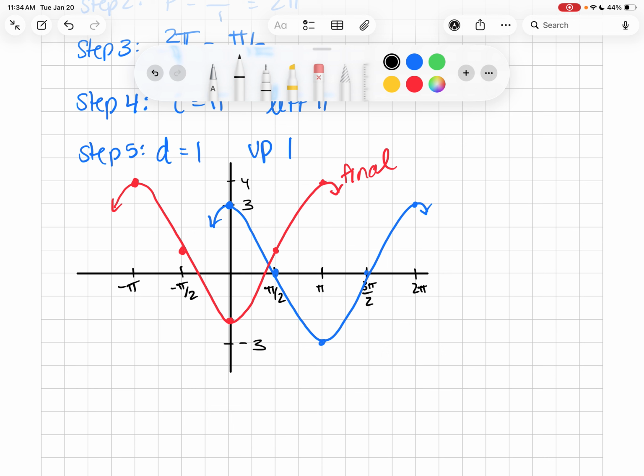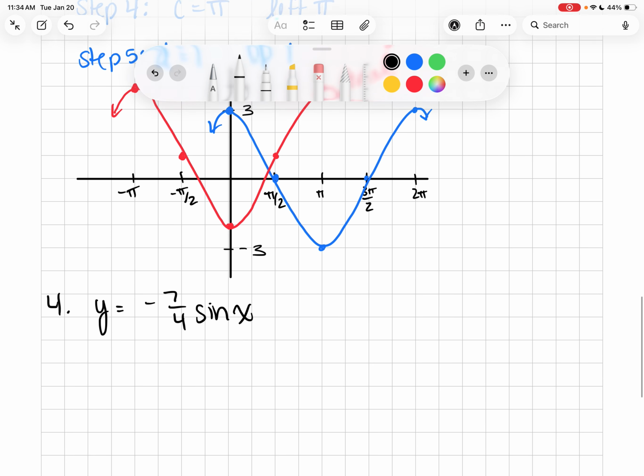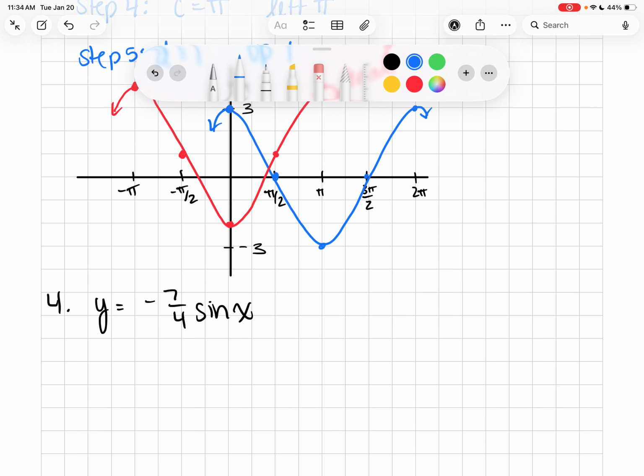So number 4 is y equals negative 7 over 4 sine of x. So what's the amplitude? 7/4. Yep, 7 over 4. And what is the period of this one? 2 pi. Yep, 2 pi.